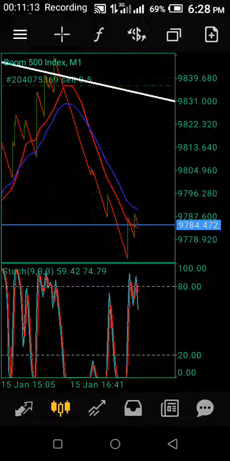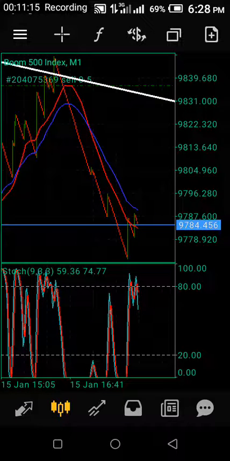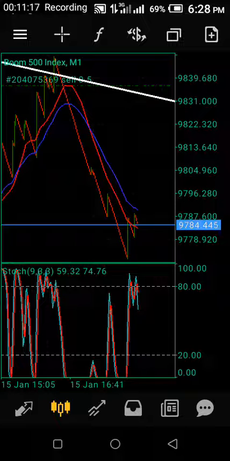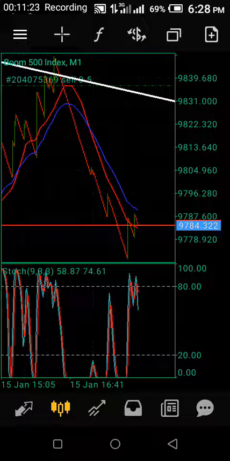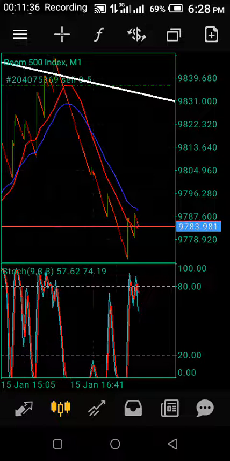Another one, let's assume that you spot a hidden divergence on the 15 minute time frame and you go to the 30 minute time frame, you spot the same thing, a hidden divergence, that's a jackpot for you. It will surely come. Another one, let's assume that you spot a regular divergence on 1 hour and you check 4 hours and you see a regular divergence. It will surely come. Watch out for my second jackpot. Thank you.